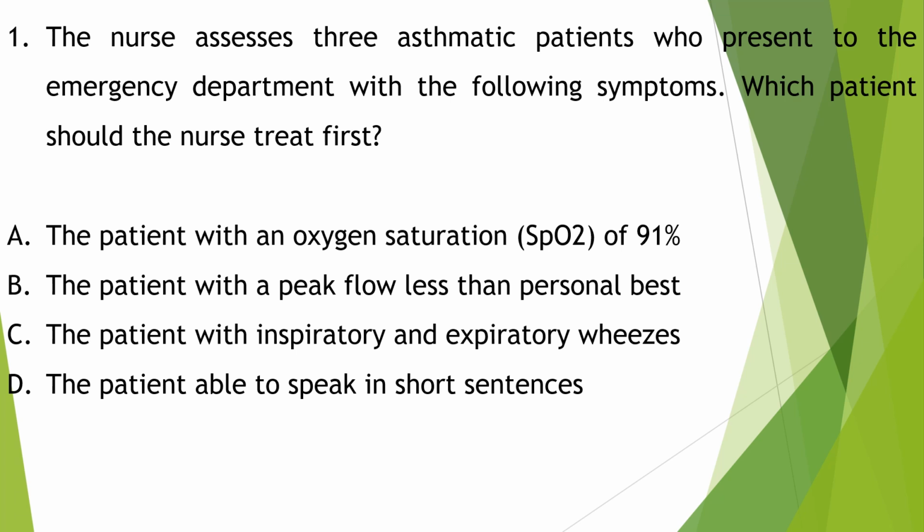So here, the patient with inspiratory and expiratory wheezes is the patient who needs immediate attention by the nurse. All the others are also symptoms of respiratory compromise in asthma, but the patient with inspiratory and expiratory wheezes is demonstrating a severe exacerbation of asthma and needs immediate treatment.